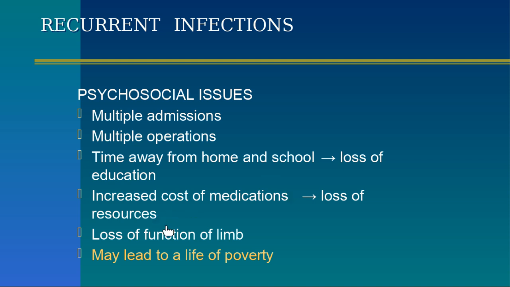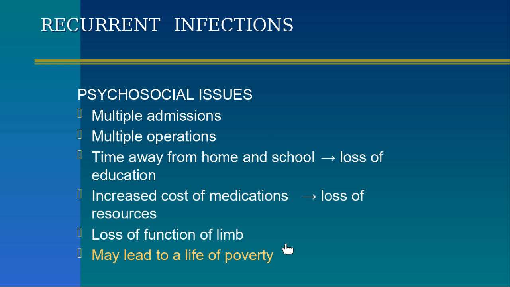Oftentimes, these patients may have loss of function of your limb for a very long time. And added to multiple admissions, multiple operations, psychologically, they may be depressed. Unfortunately, a significant number of them may actually lead a life of poverty. And I think that is something that we have to address.